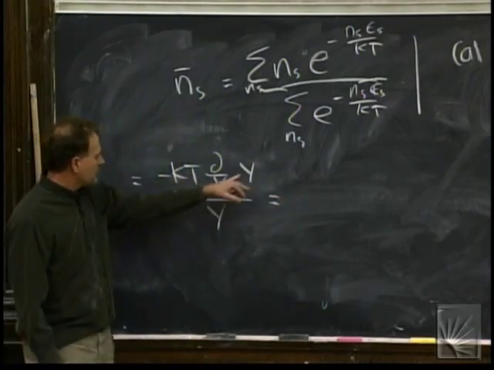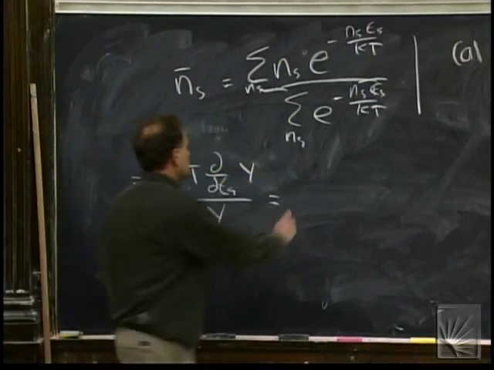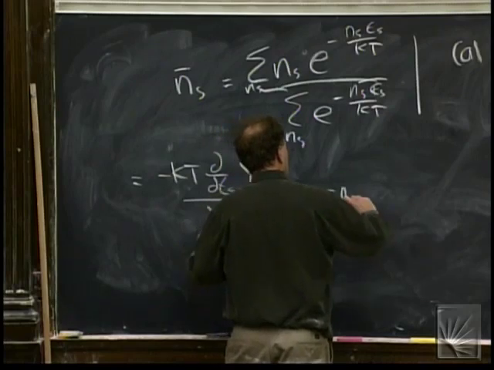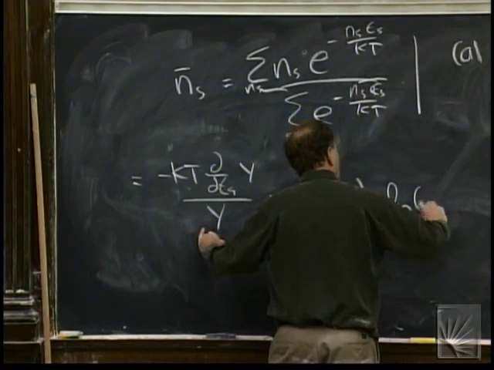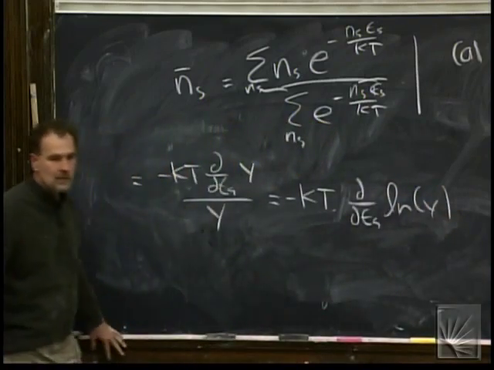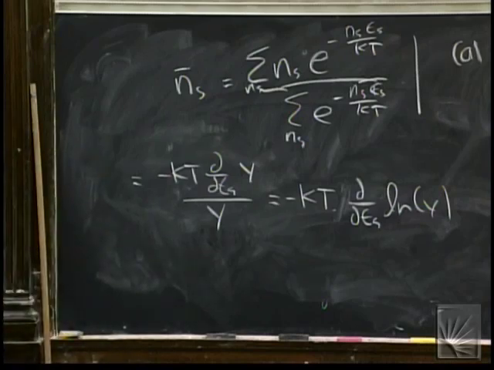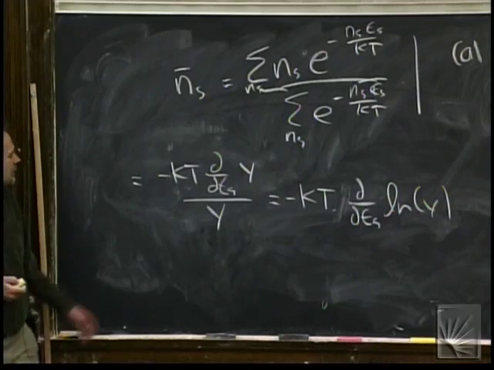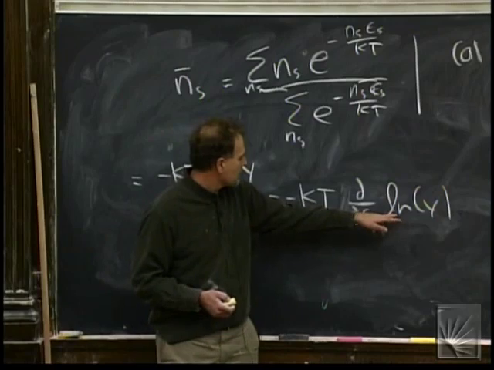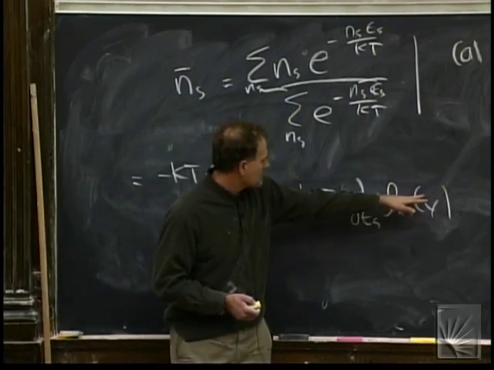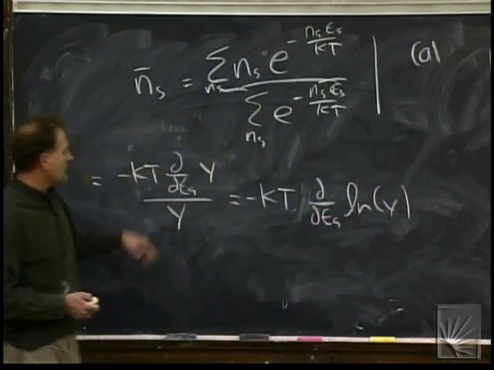If I have the derivative of something divided by the thing, that is the same as the derivative of the logarithm of the thing. Okay? Because, right, you know, d log x is dx over x. So d by de of y divided by y is the same as this, right? Because if I start to take the derivative, I'll get dy des divided by y. It's only that.